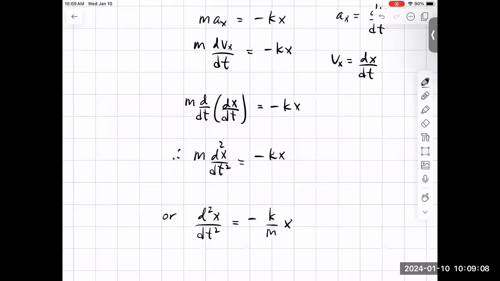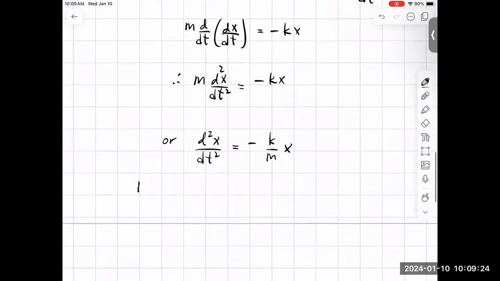So can anyone think of some function where you take two derivatives, you get the function back, except there's a negative sign? Yeah, go ahead. Sine, yeah, sine or cos are both examples, so that's exactly right.